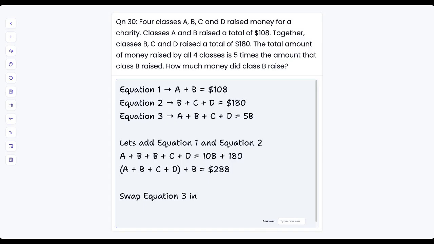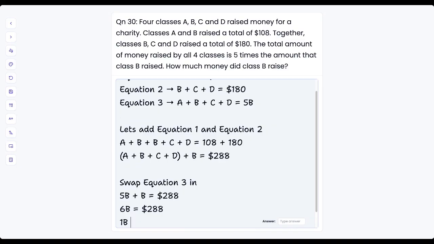And then this will become 5B plus B equal to $288. Sorry, this is a plus. So 5B plus B is equal to 6B. So 1B is equal to 288 divided by 6.